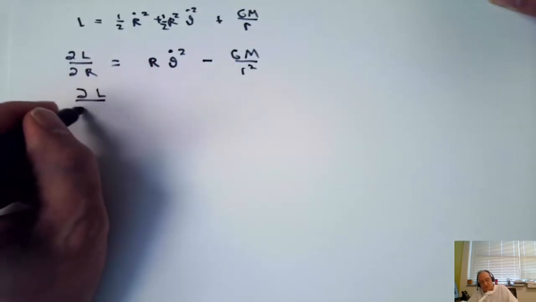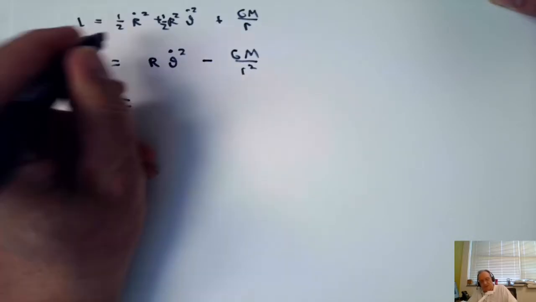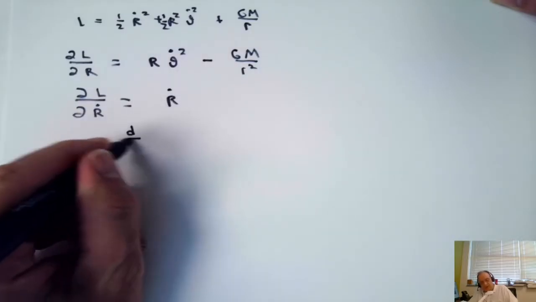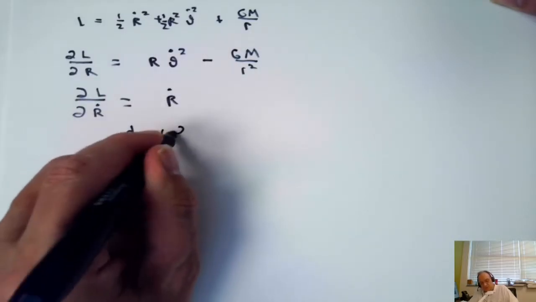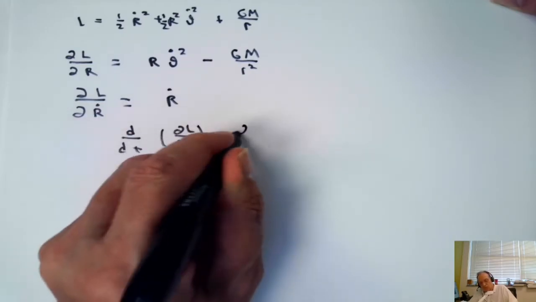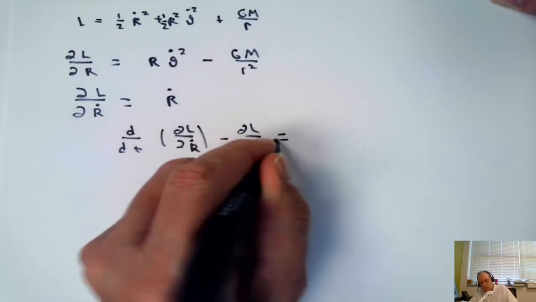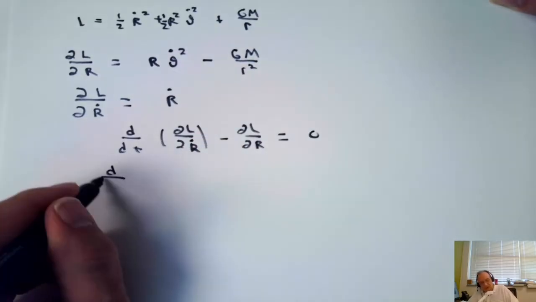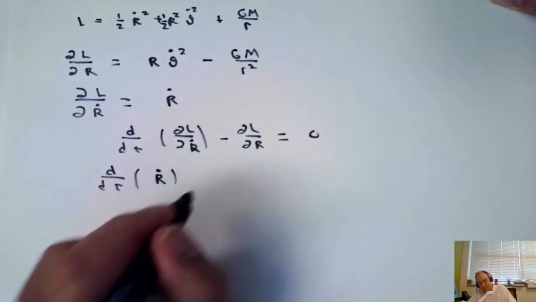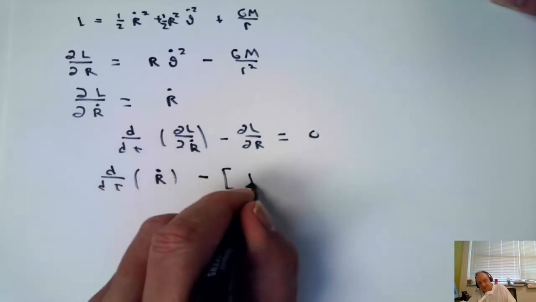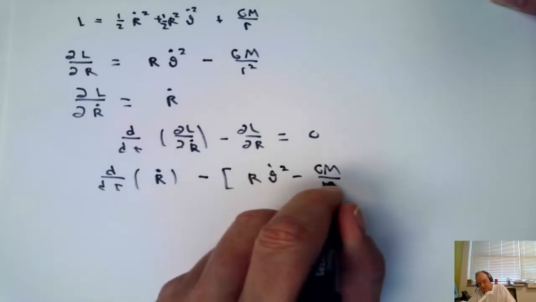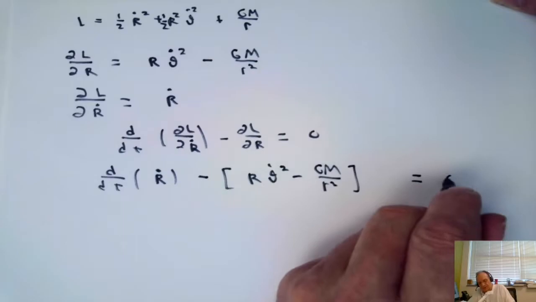Partial of L with respect to r dot is 1/2 times 2 times r dot. The Euler-Lagrange equation becomes derivative with respect to time of derivative of r with respect to time minus r theta dot squared minus GM over r squared equals 0.